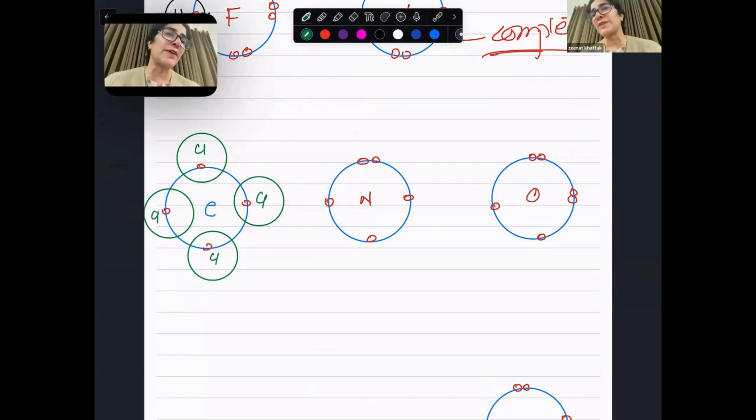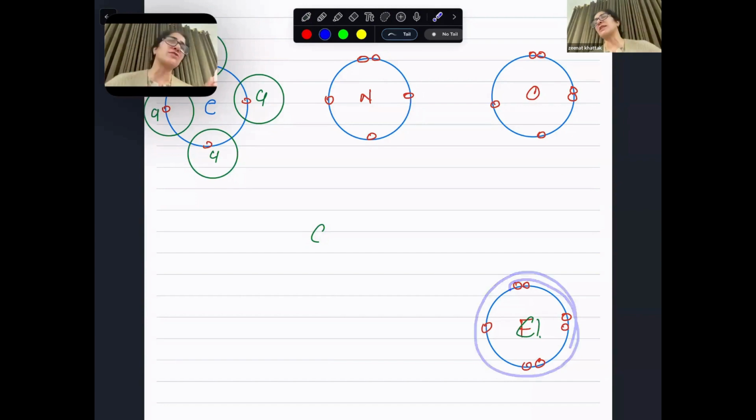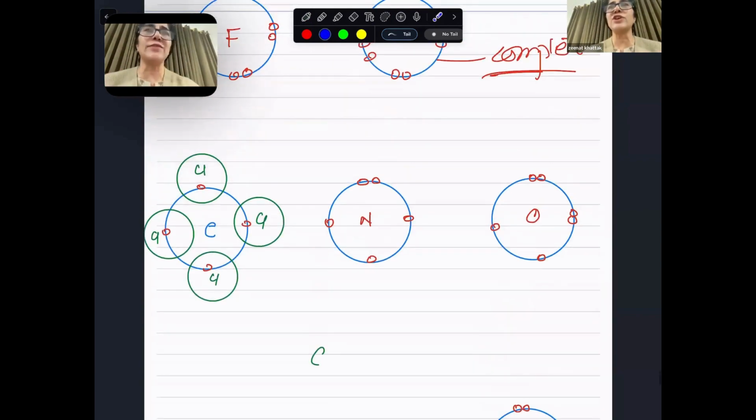Chlorine or fluorine are in group 7. They have 7 electrons in the last shell. They need only 1. So if they need 1, they will share 1, like carbon needs 4, so shares 4.